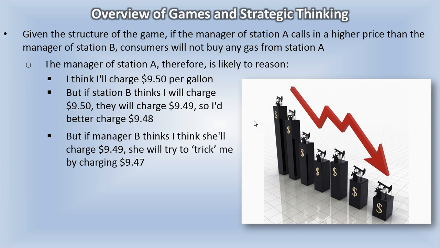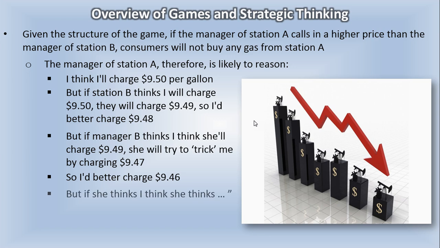So that might be something that runs through the manager's mind, like the fact that the opponent is operating the same way that she's operating. So then the manager decides, well, maybe I should then charge $9.46. But then she thinks, but if she thinks that I think that she thinks, and so on. That is the kind of thinking that could ultimately result in them just pricing down to marginal cost, because that's the only logical result.